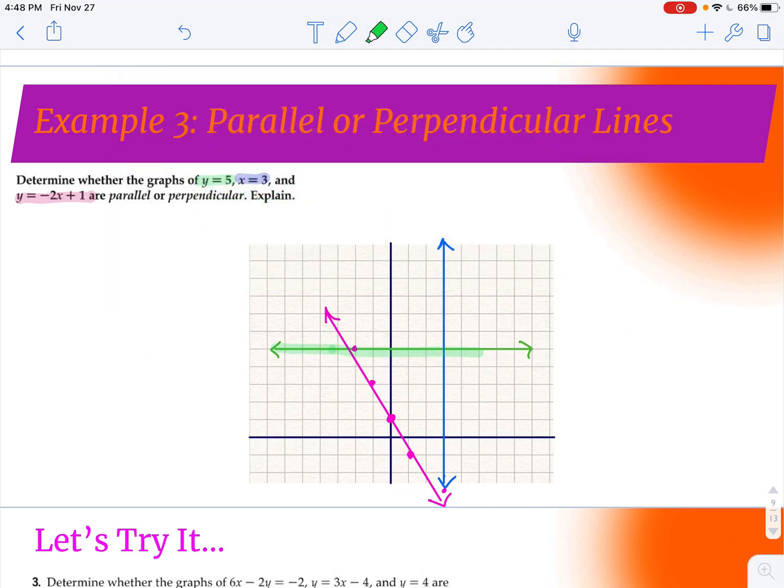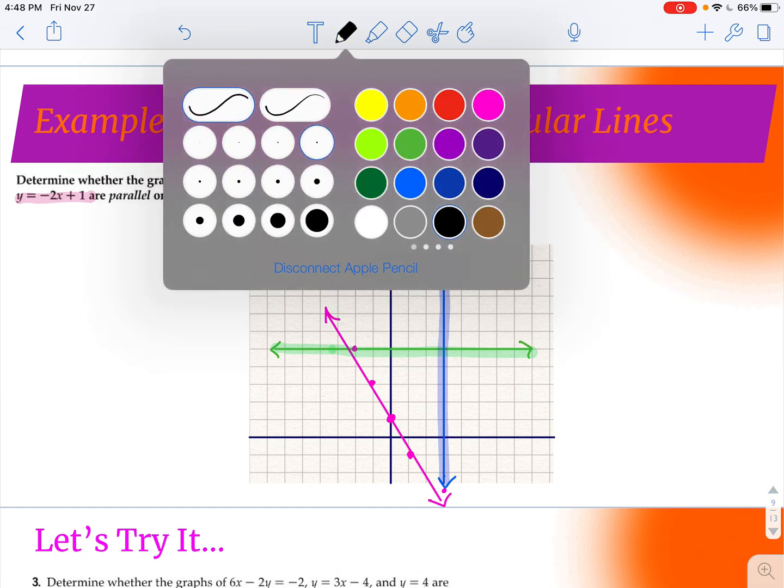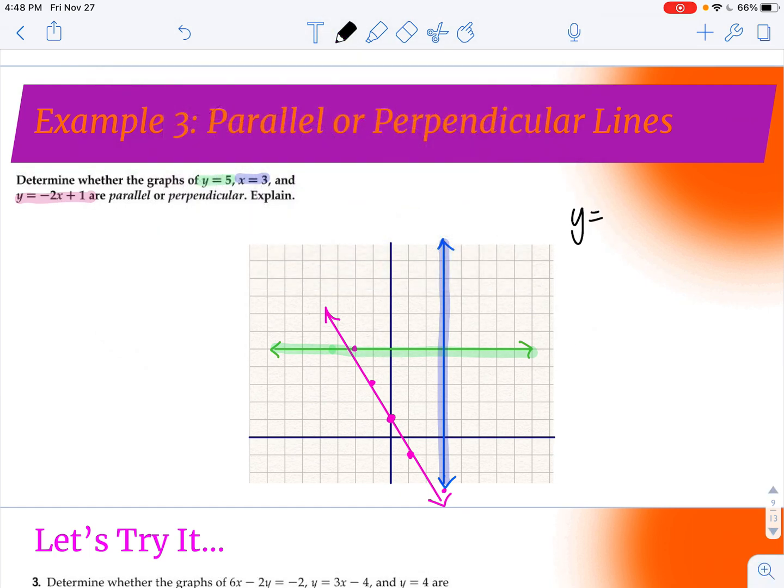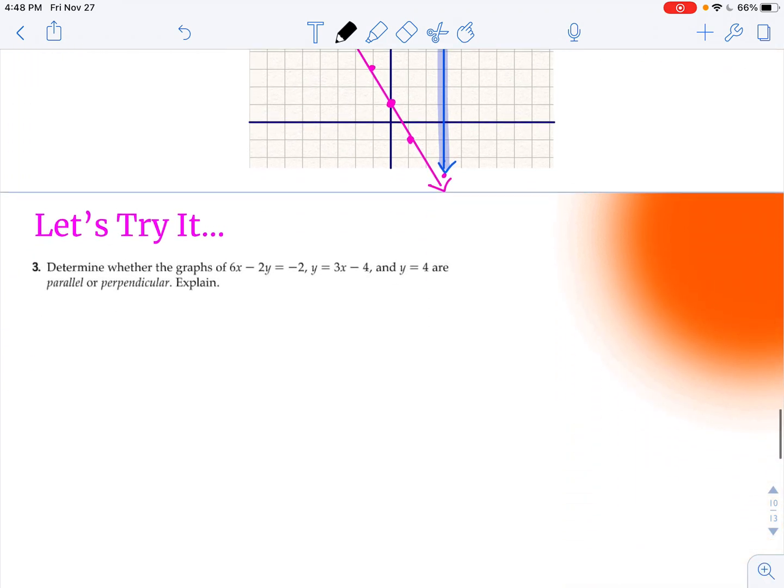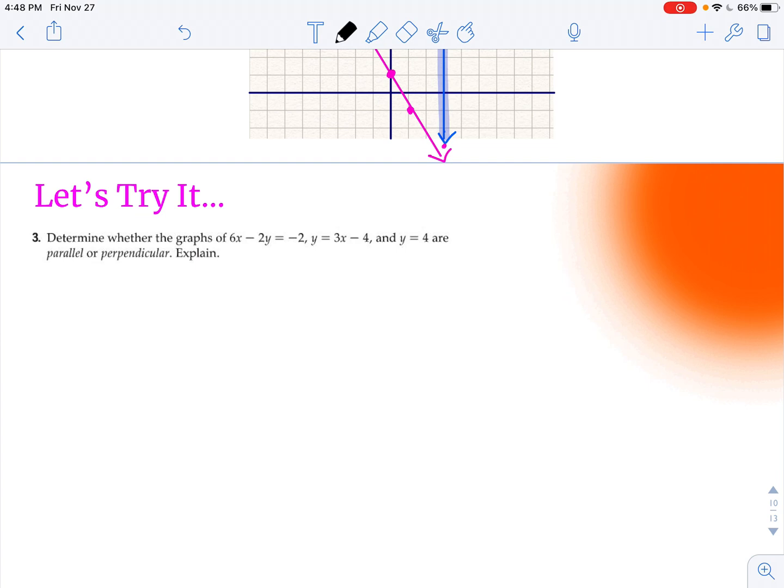So again, this is parallel to the x-axis, and this is parallel to the y-axis, and those axes we know are perpendicular, so therefore you can assume that y equals 5 and x equals 3 are perpendicular. So now I'd like you to try number 3 on your own, please.